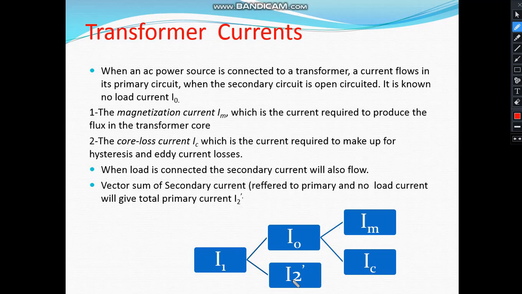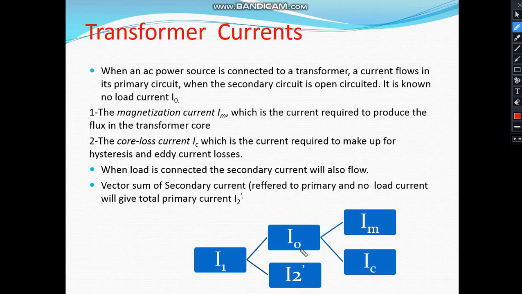So if the secondary current is n times, then with respect to the primary it would be 1 by n times. So I2 dash means, if I2 is the secondary current, then this current after transformation in the primary is known as I2 dash.